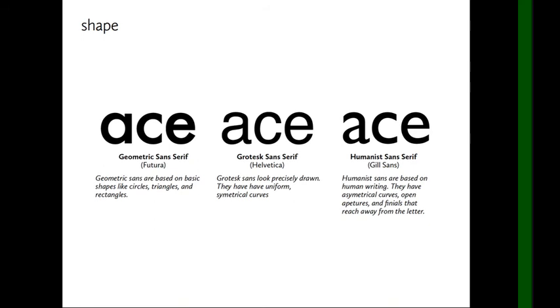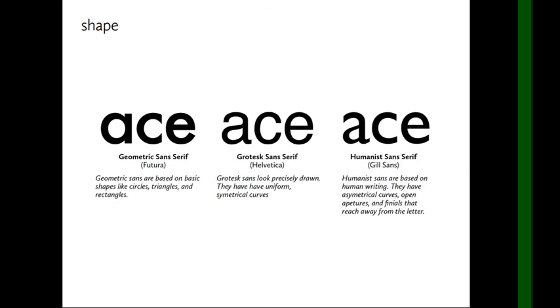Shape. This is another area. It especially applies in our system and especially applies to the sans serifs. So our three general shapes will actually look very familiar to you from your skeletal lettering project. Geometric sans serif is based on geometric shapes. And that's our example on the left of Futura.